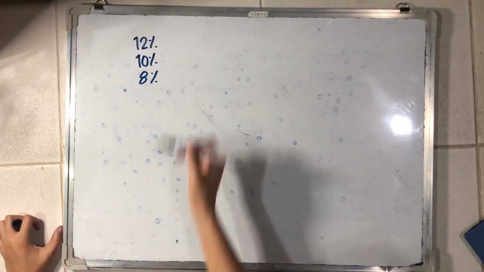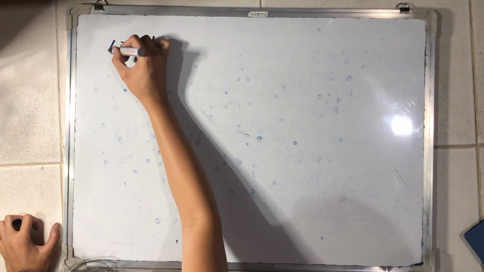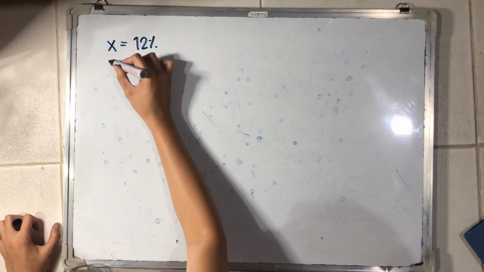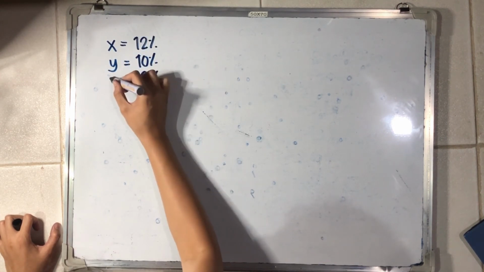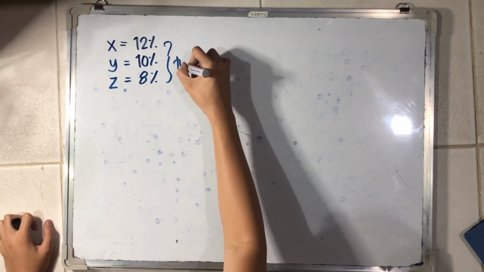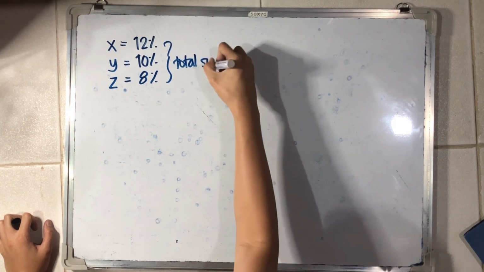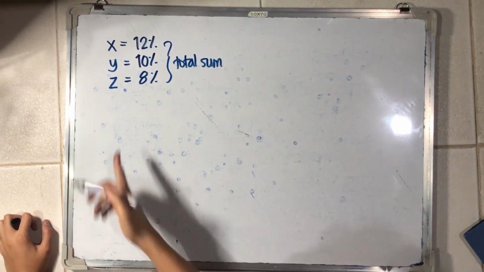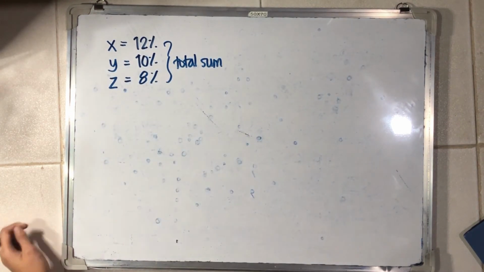The answer is no. So, we set that as our variables x, y, and z. So, these are percentages and we are talking about the total sum here, total sum of money invested at 12, at 10, and at 8%.